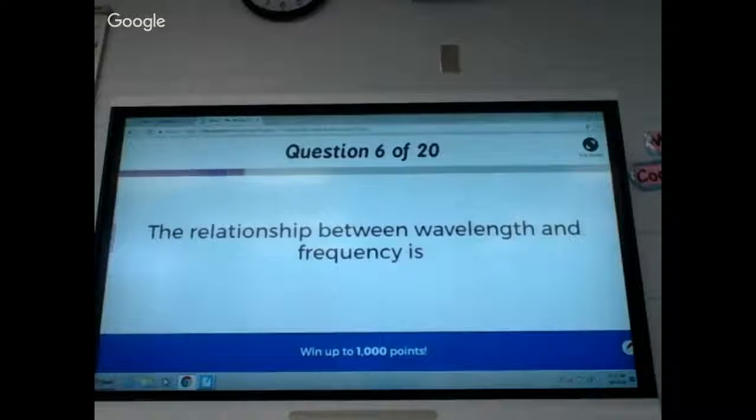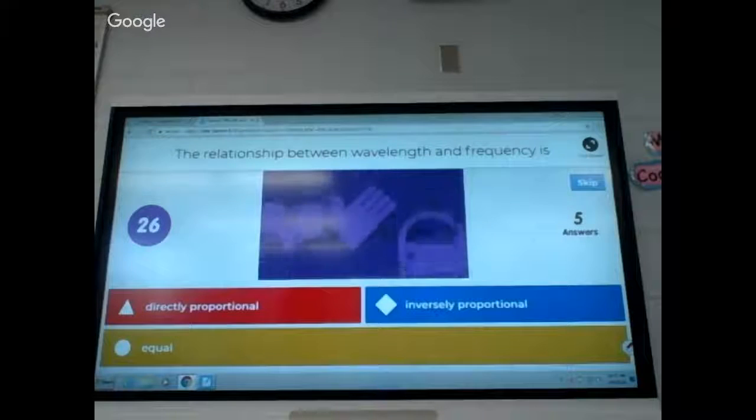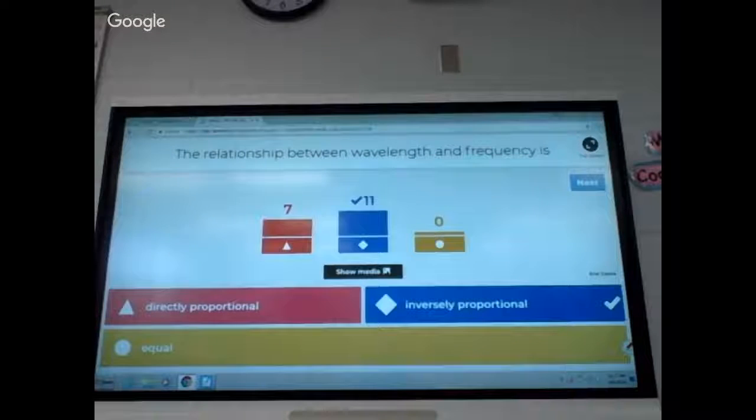All right. So the relationship between wavelength and frequency. Anybody remember which one's directly proportional?